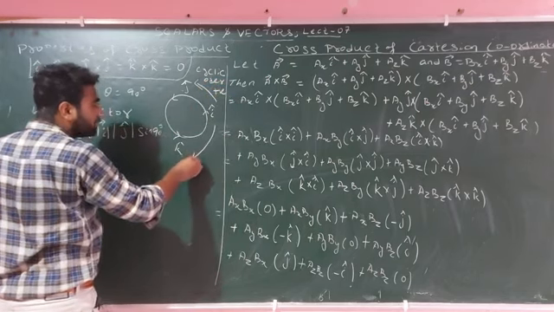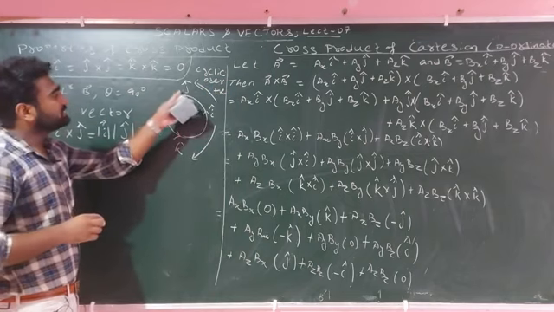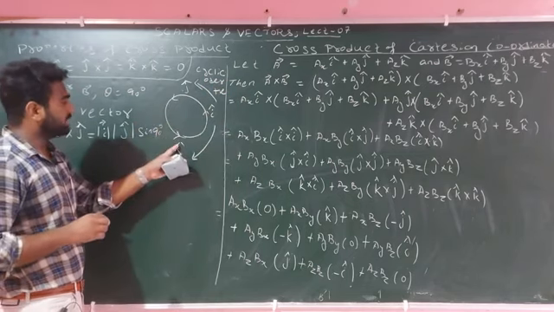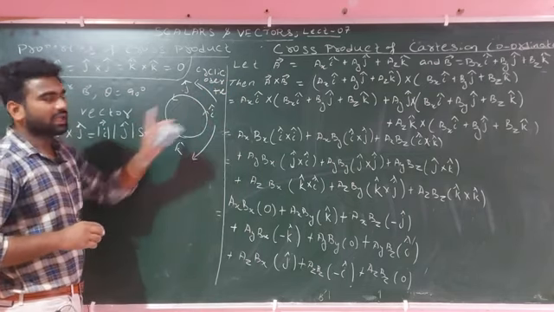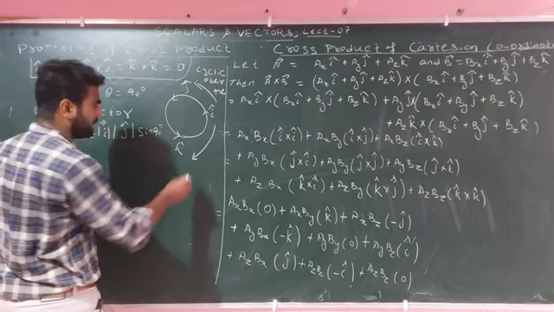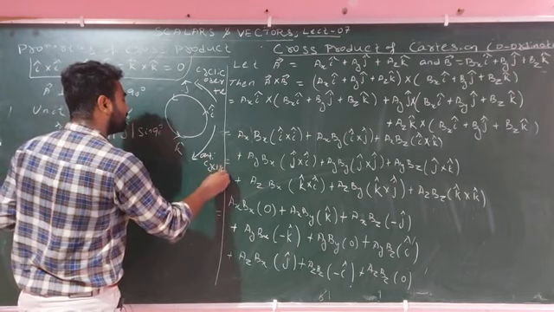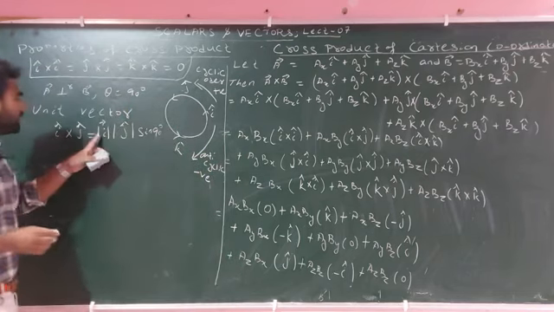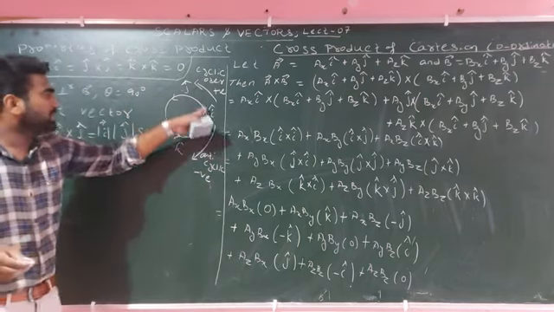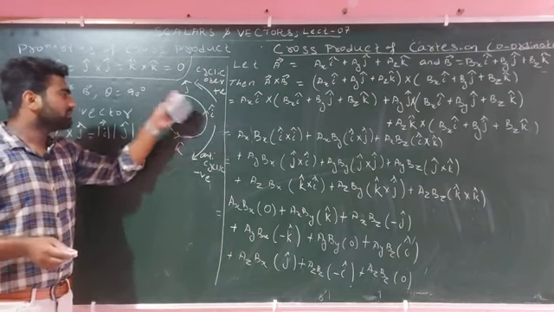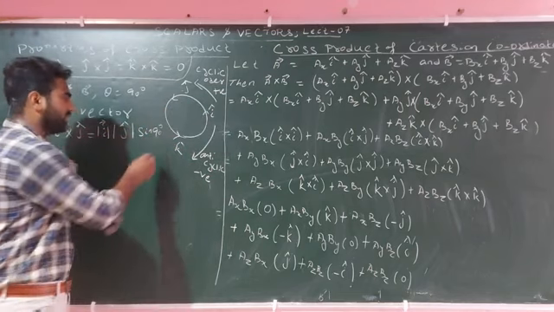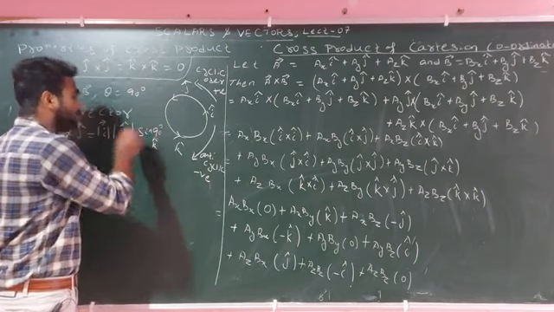If we move in anti-cyclic order, k then j then i cap, then it becomes negative. Here i then j is cyclic order, so the third unit vector becomes k cap, and sin 90 is 1, so k cap.